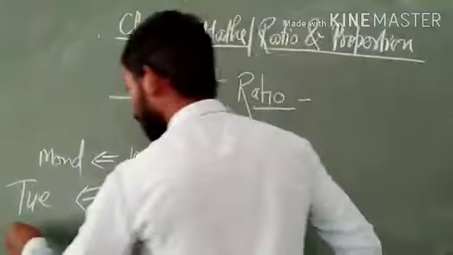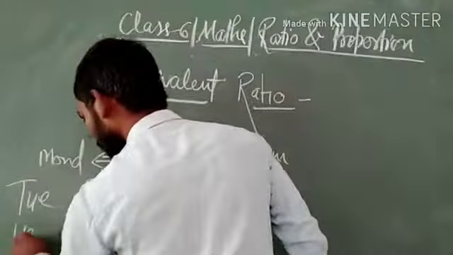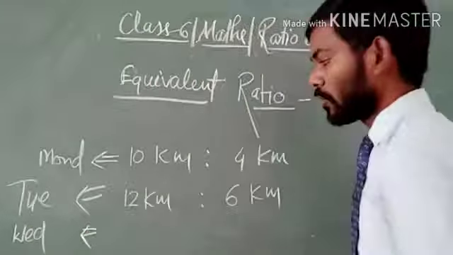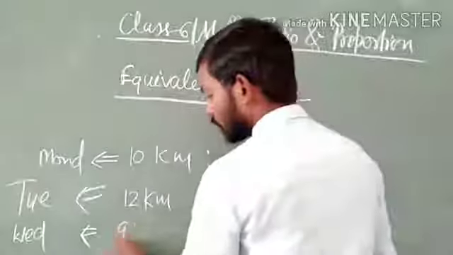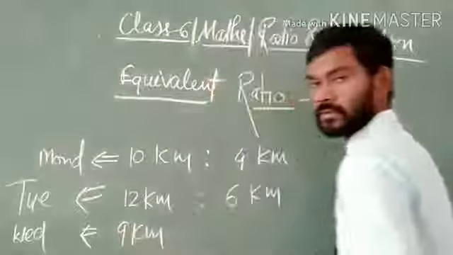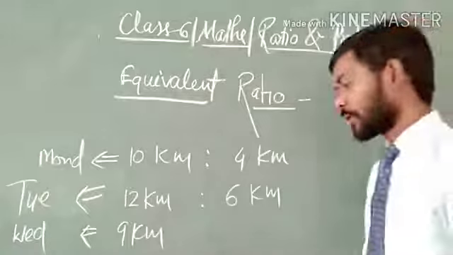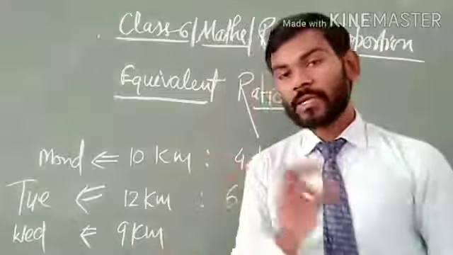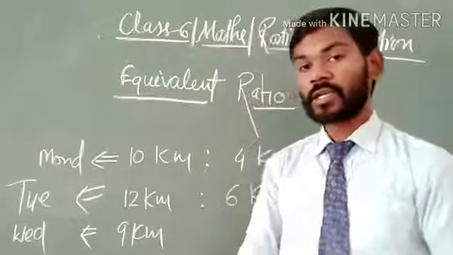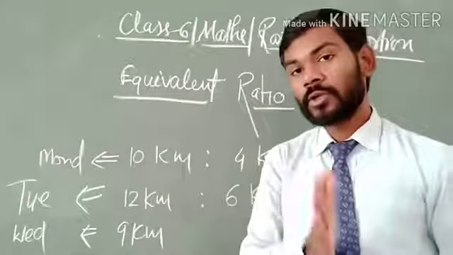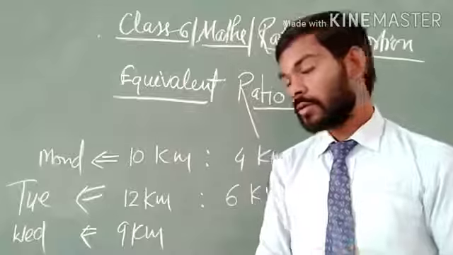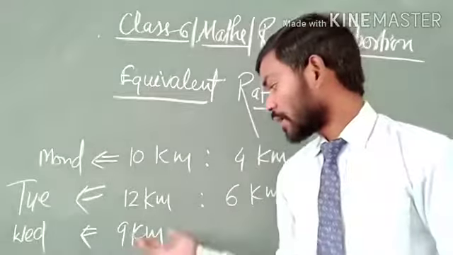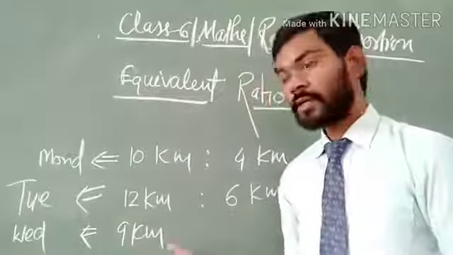Similarly, on Wednesday, if I run only 9 kilometers due to some unfavorable conditions, then you also have to adjust according to how much less I ran than 10.